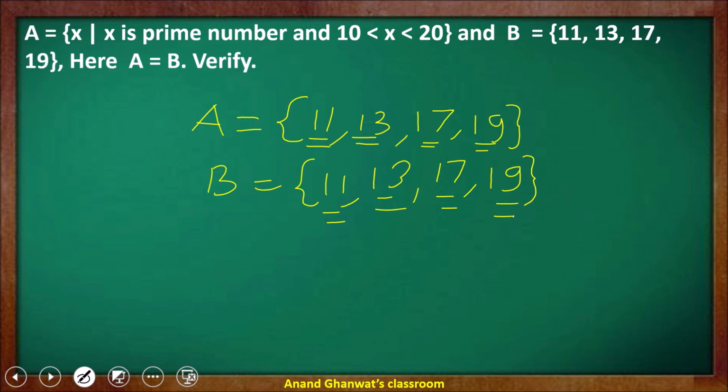And there is no other element which is present in set A and not present in set B. Also vice versa, 11 in set B is present in set A, 13 in set B is present in set A, 17 in set B is present in set A, 19 in set B is present in set A. Therefore all the elements from set A are present in set B and all elements from set B are present in set A. Therefore we can say that A and B are equal sets.